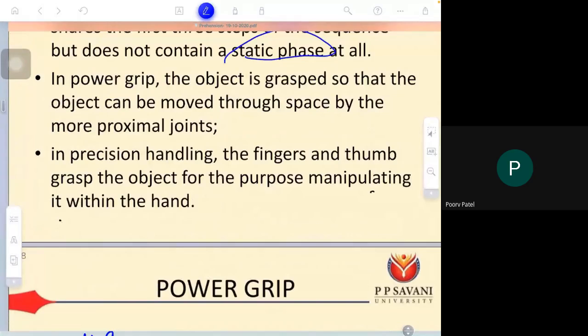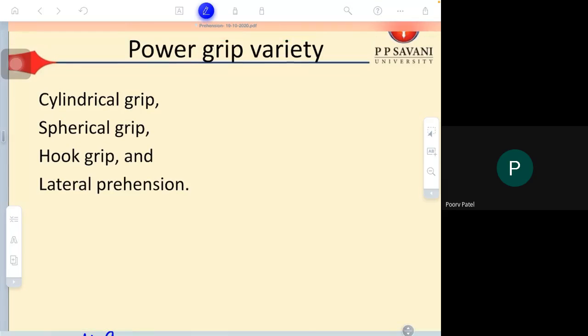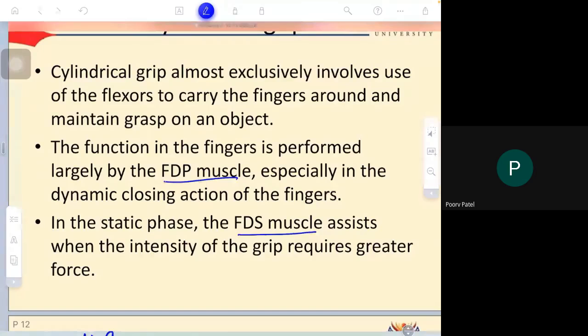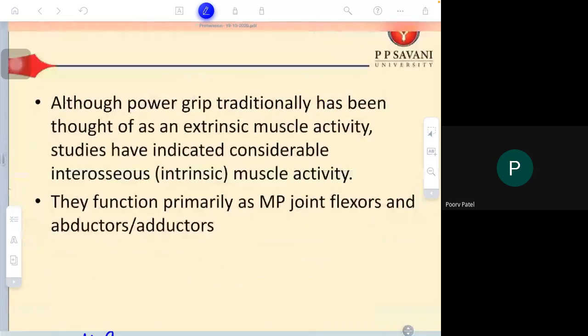And we discussed what is power grip and what are the types of power grip. Power grip is of 4 types. Now we are discussing cylindrical grip. In cylindrical grip, we discussed an example, handling the telephone. FDP muscle is used and additionally FDS is used. And intrinsic muscle is also used equally.